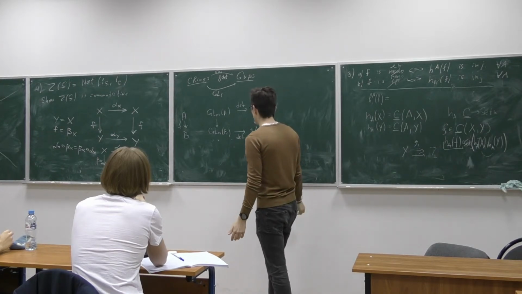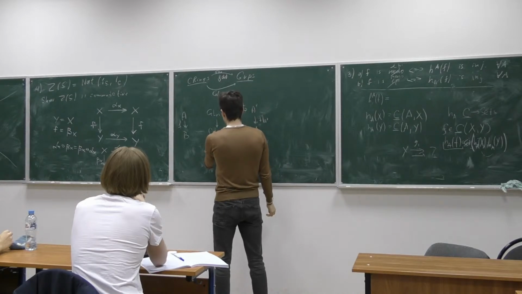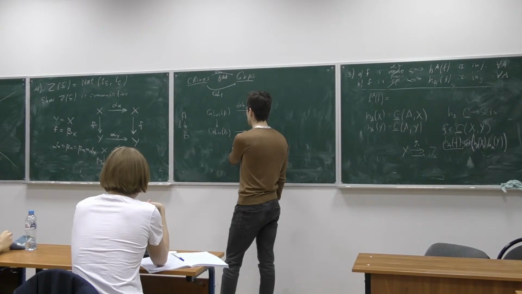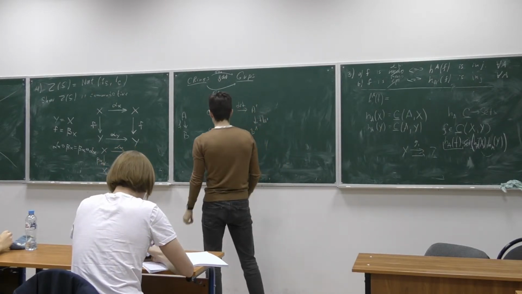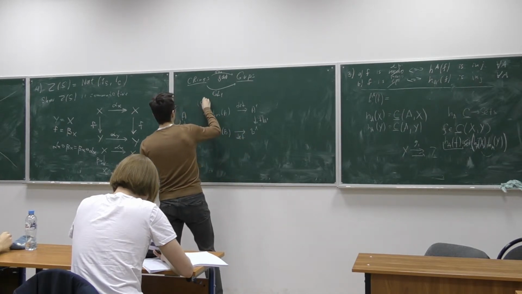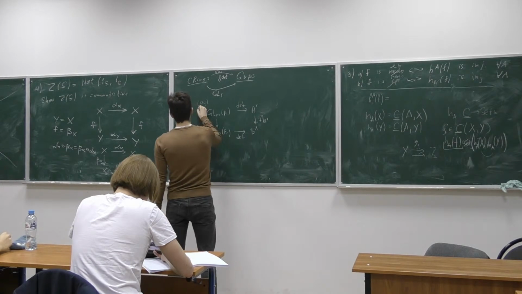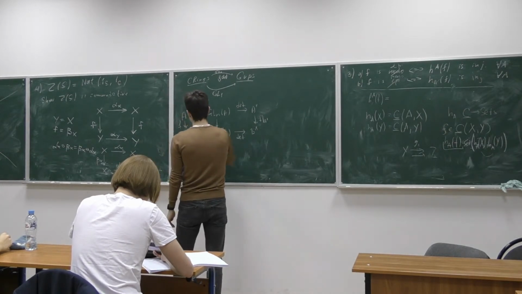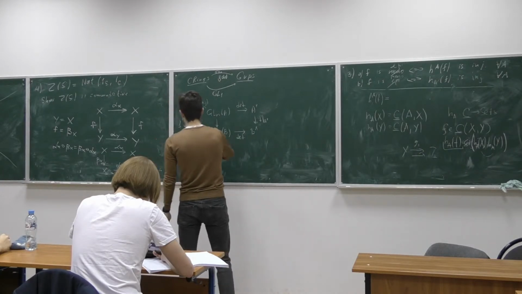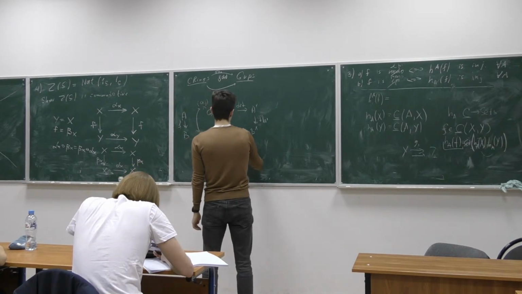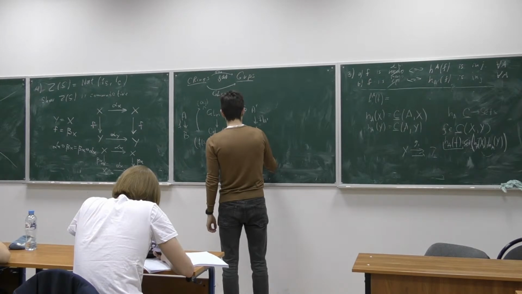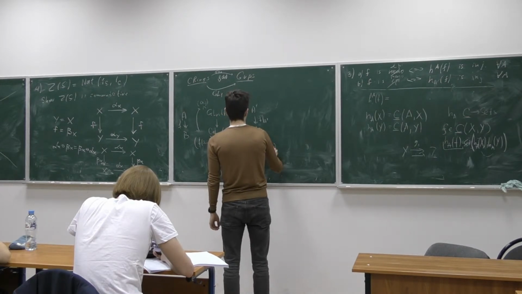Well, as was noted, determinant is a polynomial of matrix elements, of matrix coefficients. So let's just take a matrix, say Aij. Now we map it this way: we map it to a matrix with elements F of Aij. Now we map it to the determinant of F of Aij.